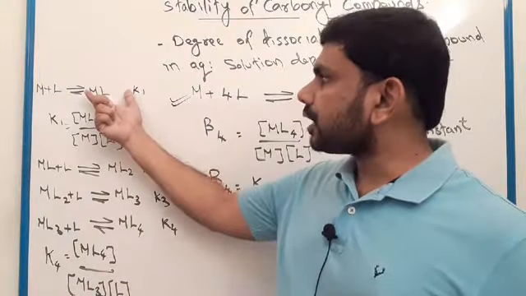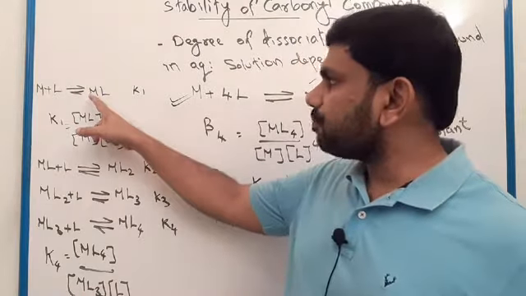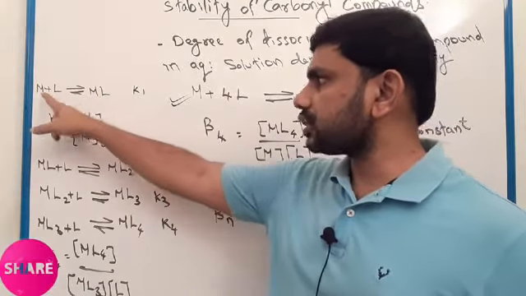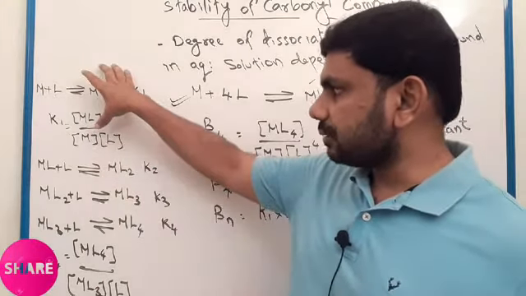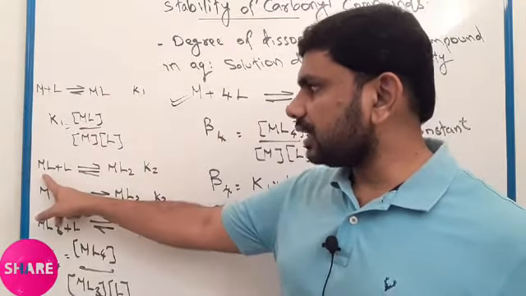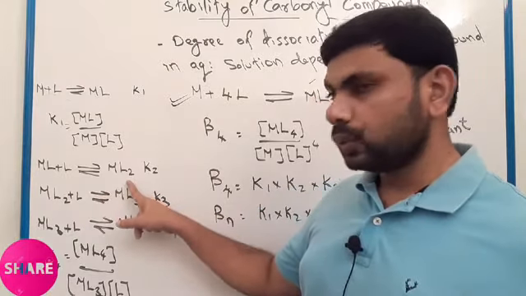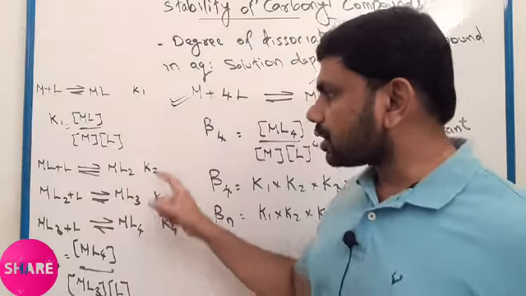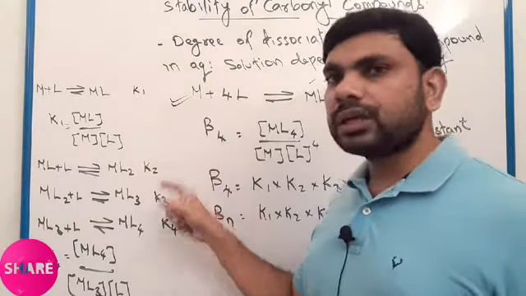So here this is product and this is reactant. So K1 is the concentration of ML, the coordination compound, divided by the concentration of M and the concentration of L. So this is the first step. In the second step, this ML reacts again with another ligand and forms ML2, the central metal atom with 2 ligands. The equilibrium constant for this reaction is K2. Here it is K1, next one K2.